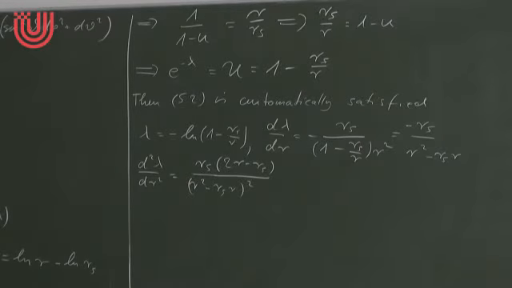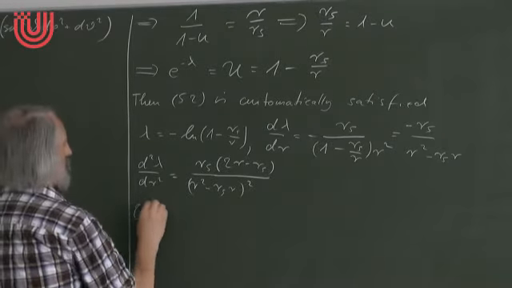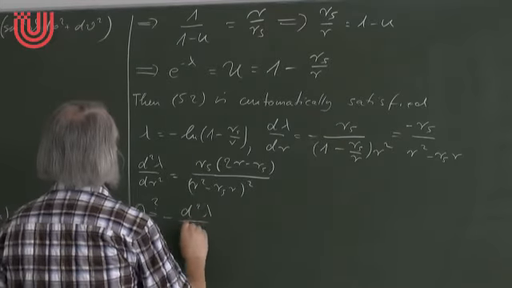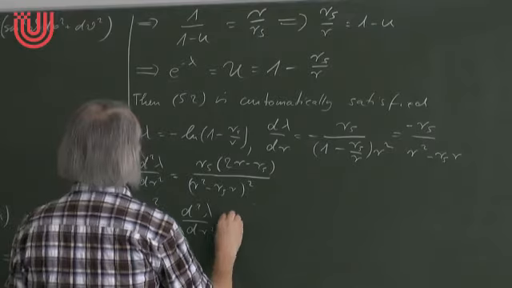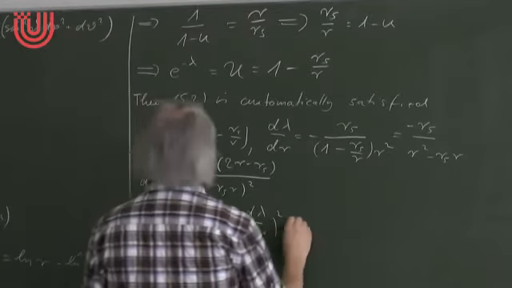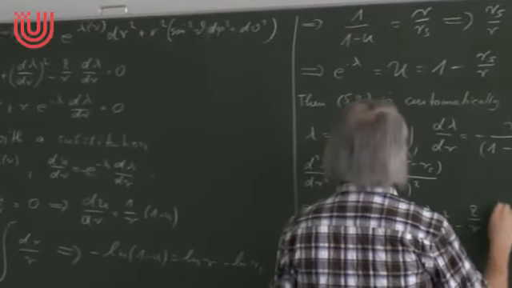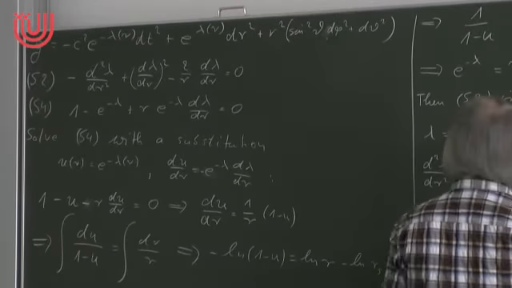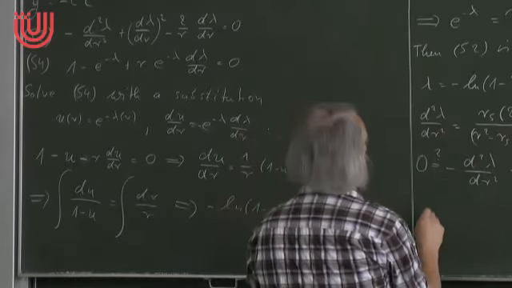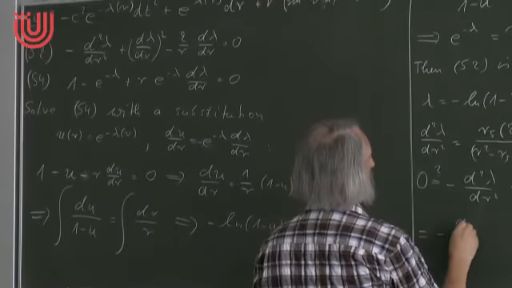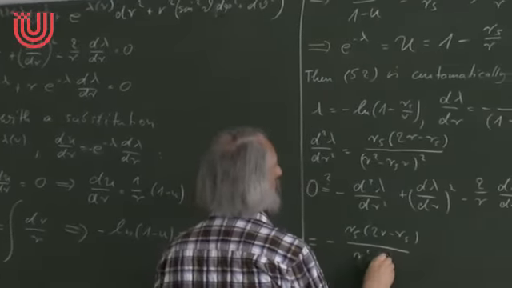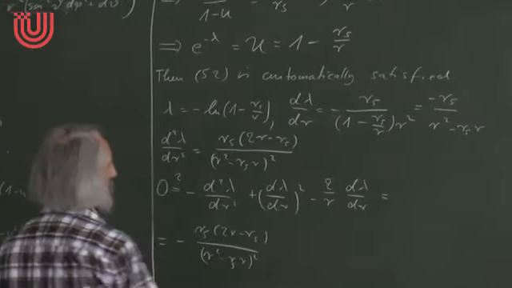And what I have to check is whether this expression is really 0. That's minus d2 lambda over r squared plus d lambda dr squared minus 2r d lambda dr. So let's just insert what we have found. Minus this here, minus rs 2r minus rs over r squared minus rsr squared.